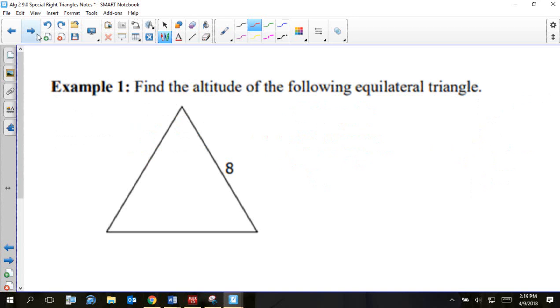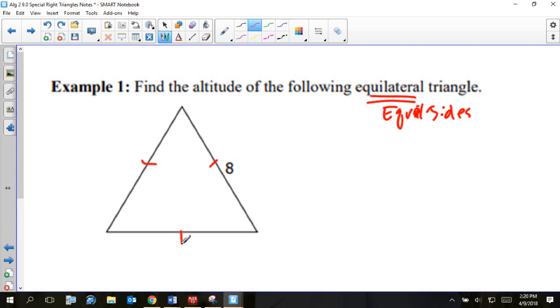So we have an example, using more geometry terms. Find the altitude of the following equilateral triangle. What's equilateral mean? Equal sides. All the sides are the same. So I know that this is true.